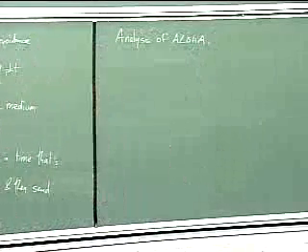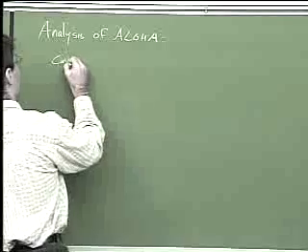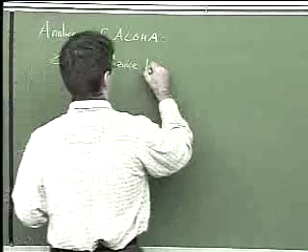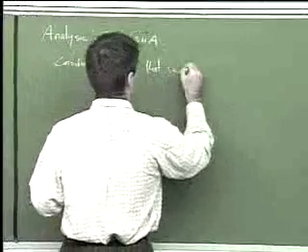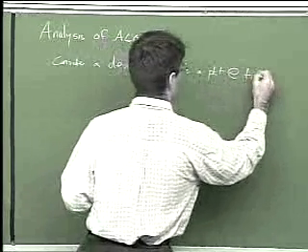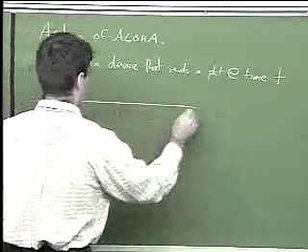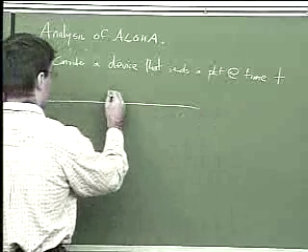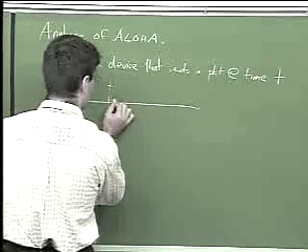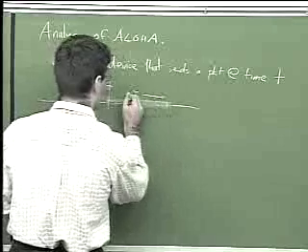If you remember the analysis of Aloha, the propagation delay turned out not to matter all that much. What mattered was to consider a device that sends at time t. So here's my timeline. At time t, I'm a device and I choose to send a packet. It takes me time T to actually send it.